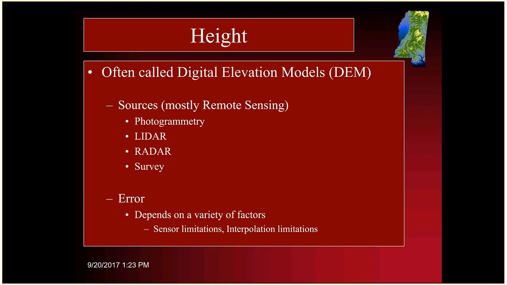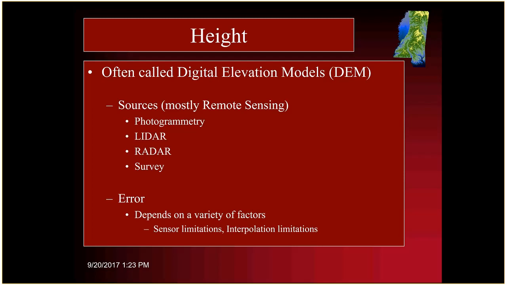So the error on all of these is different, and it depends on lots of different factors. One of them is the resolution. Generally, you get better resolution from a LiDAR data set. However, from a drone data set, you can get a pretty high resolution in photogrammetry, but you're not going to be able to penetrate the canopy very well using photogrammetry.